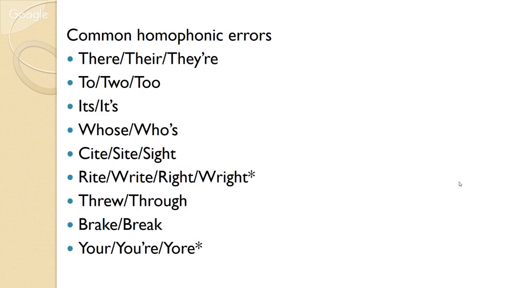Now, I've put a couple asterisks here on this list. So, right, WRIGHT, that's technically another form of right, but you don't see that too often anymore. Usually it's used as a person's family name rather than a proper noun. But a wright means someone who makes something, like a shipwright or a playwright.